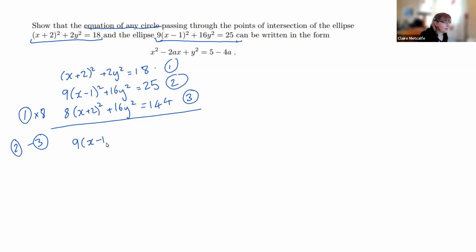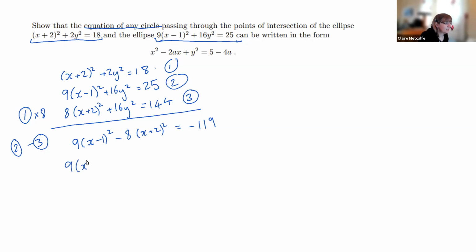But you can subtract them the other way around. Okay, 25 minus 144 is negative 119, I think. So if I add 25 to this, yeah, I agree with that.